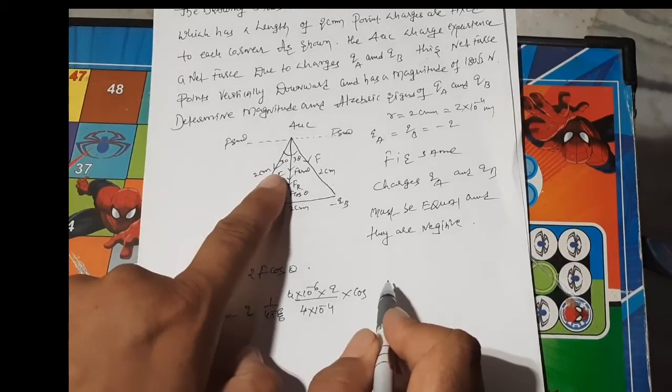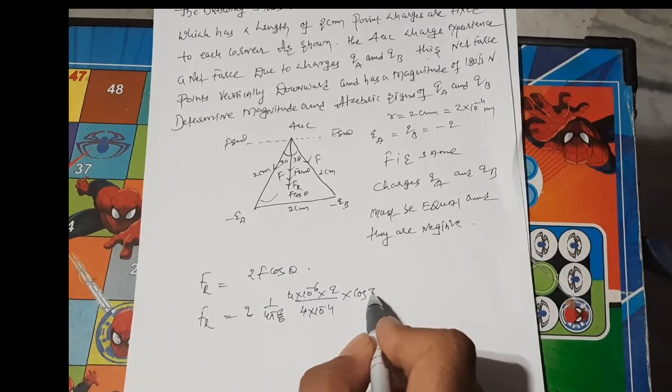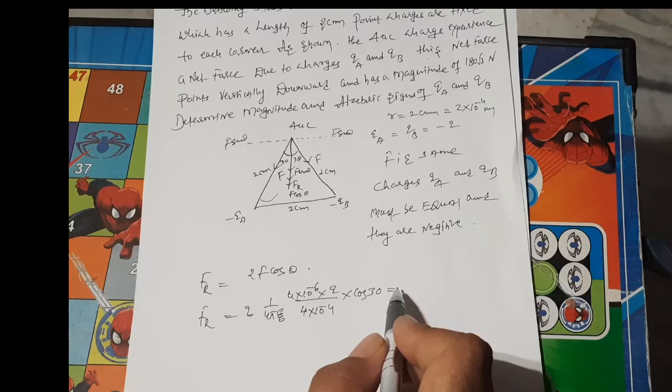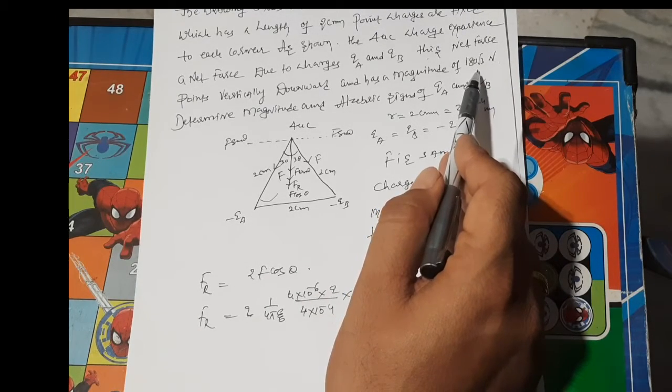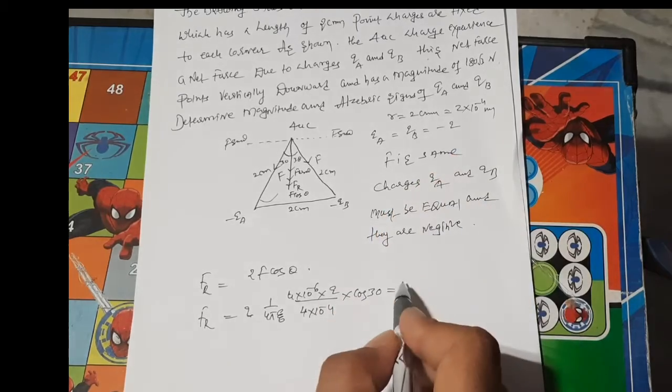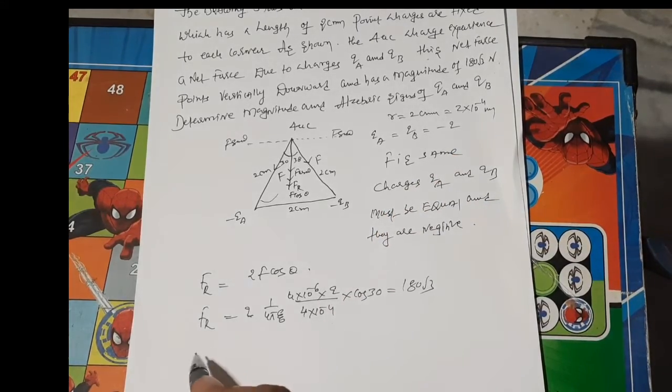What is the angle here? Theta is 30 degrees. According to the problem, the resultant force given is 180 root 3.